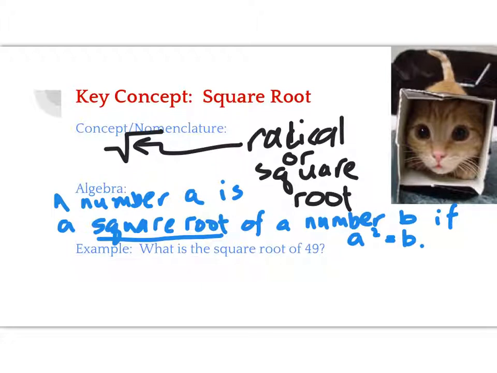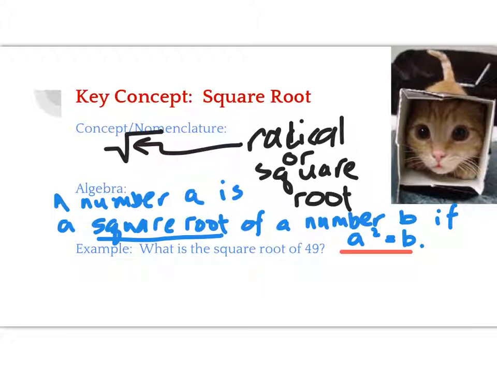Another way to think of a square root is that it's asking the question, what number times itself equals this? In this case, what number a squared equals the number b? So a would be the square root of b.